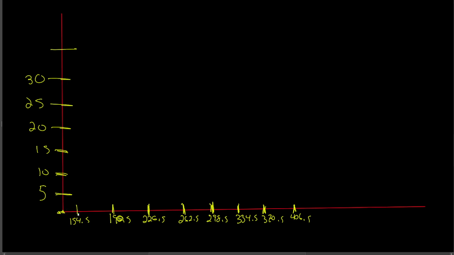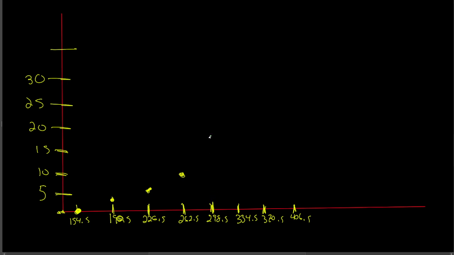And so the cumulative frequency, when we start at the lower boundary 154.5, there's been 0. When we get to the end of the first class, we had 3. When we get to the end of the second class, we had 5. When we got to the end of the third class, we had 10. When we got to the end of the fourth class, we had 16.